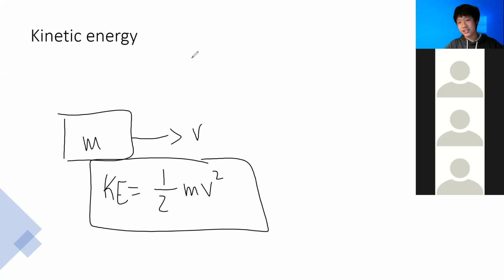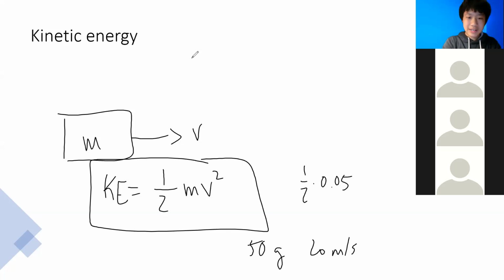So this is the definition of kinetic energy. If we were to have, say, a 50-gram ball going at 20 meters a second, this would just be 1/2 times 0.05 times 20 squared. This would be the kinetic energy of the ball. If we calculate this, we would get 10 joules. Okay? So once again, kinetic energy is a form of energy, so we use the joule to represent it.